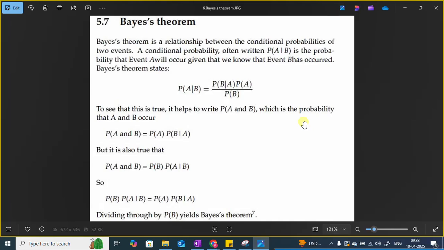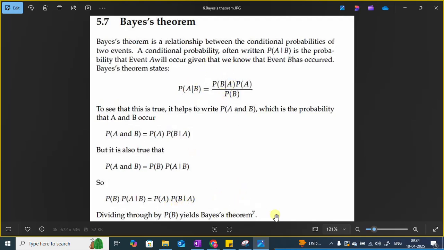Now the formula of probability of A given B is equal to probability of B given A into probability of A divided by probability of B. And you can see these are the different notations that we are deriving. Probability of A and B, meaning A intersection B, is equal to probability of A into probability of B given A, and we have already written this. So we have derived this, right? Probability of B into probability of A given B is equal to probability of A into probability of B given A. So this is the Bayes theorem.